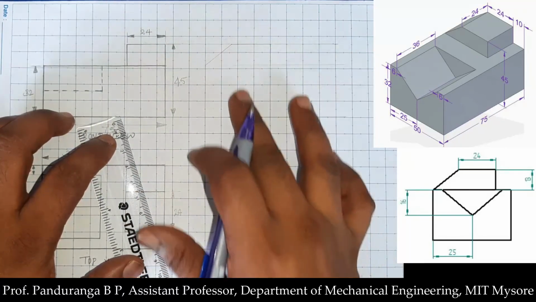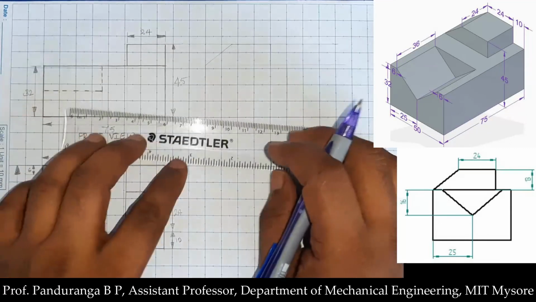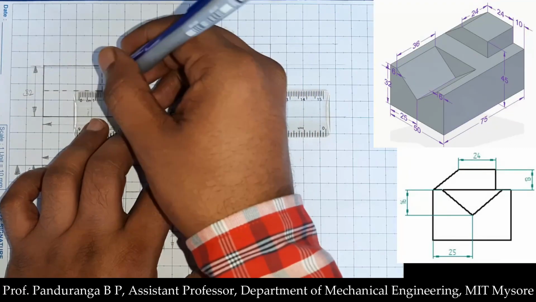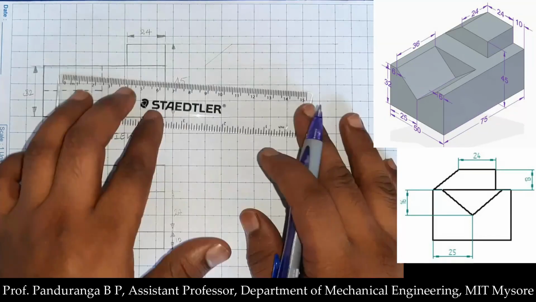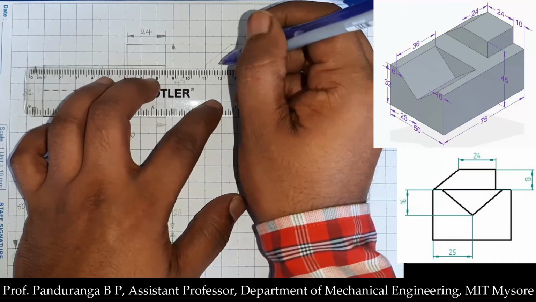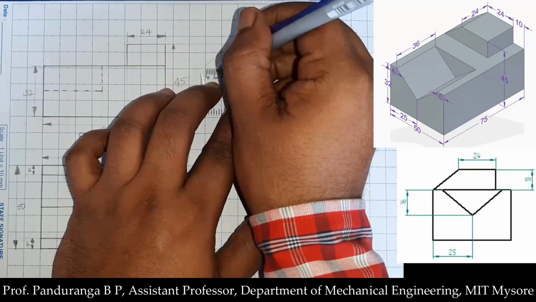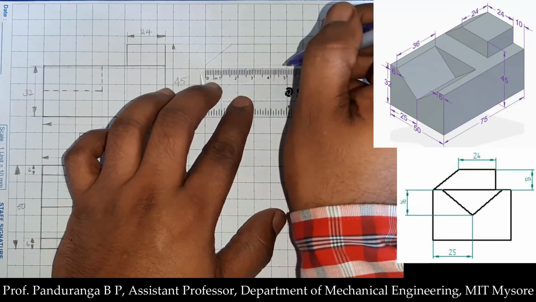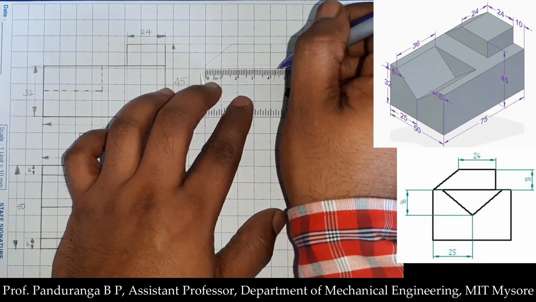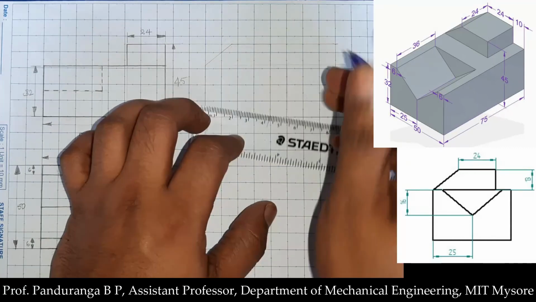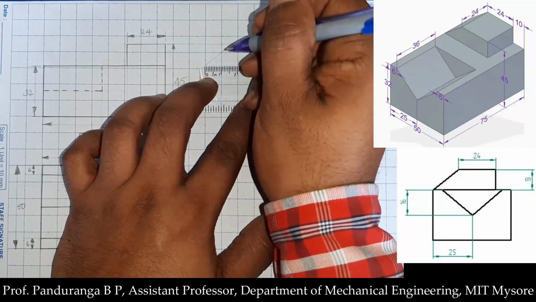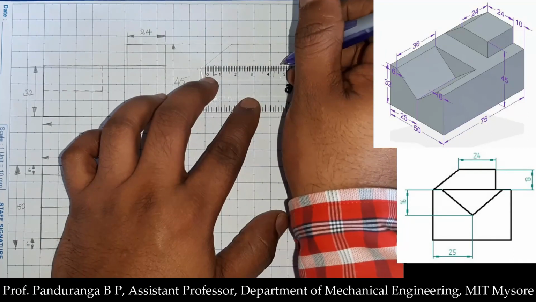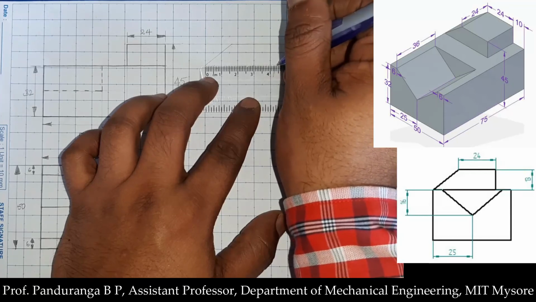Now we need to draw the V channel. Again for that, 16 millimeter from the top, I'll just project this. And I need to leave 6 millimeter on either side. I'll measure 6 millimeter from here, and I'll measure 6 millimeter from the other end, and mark a point. 6 millimeter from here, I'll mark a point, and 6 millimeter from this end, I'll mark another.